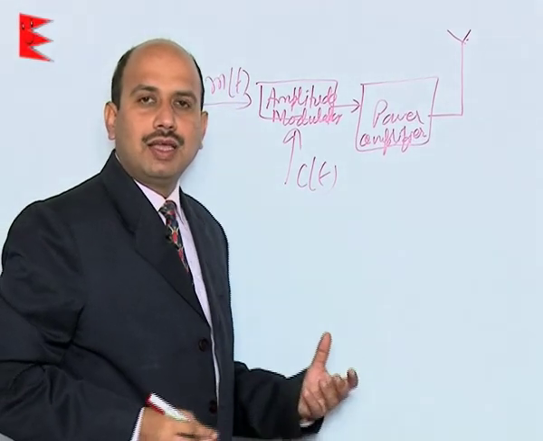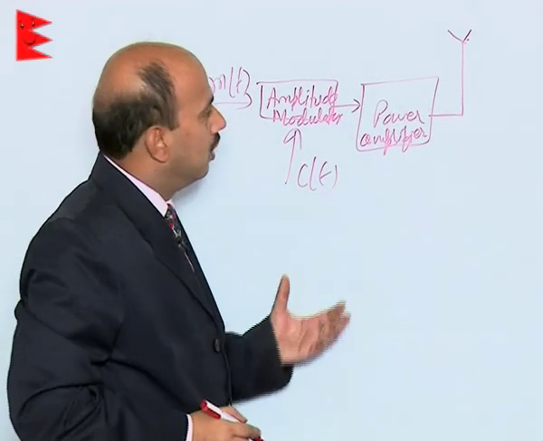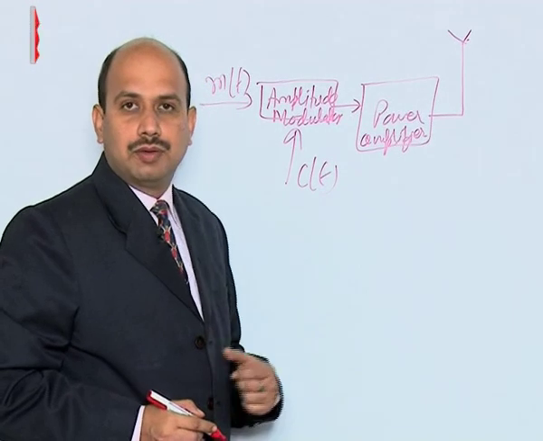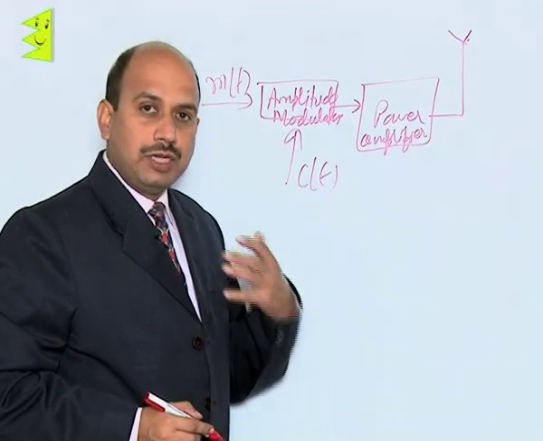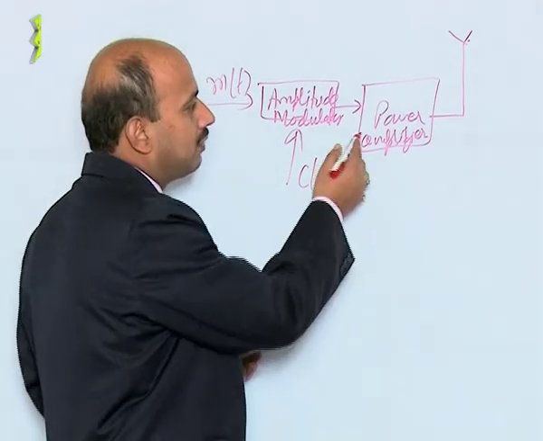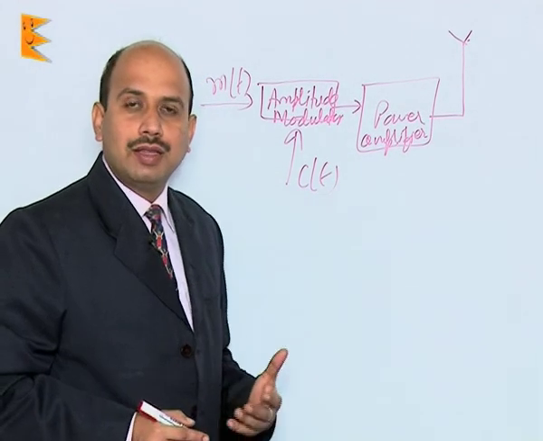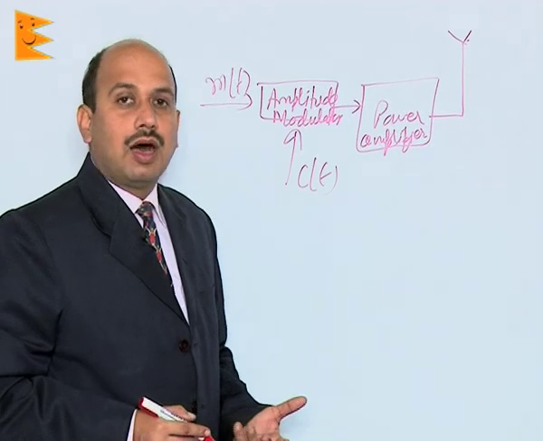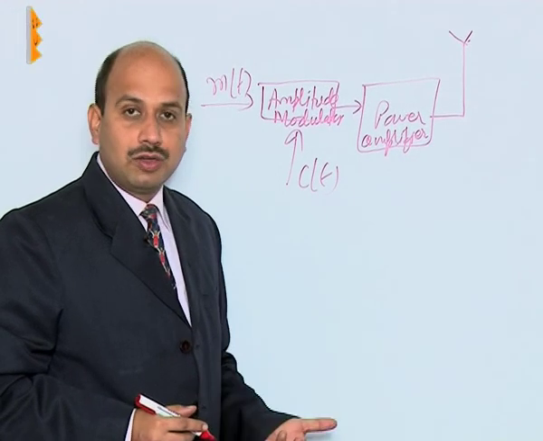So this is the block diagram of the transmitter. The amplitude modulated wave is first produced using the simple modulator, then the signals are amplified and transmitted.